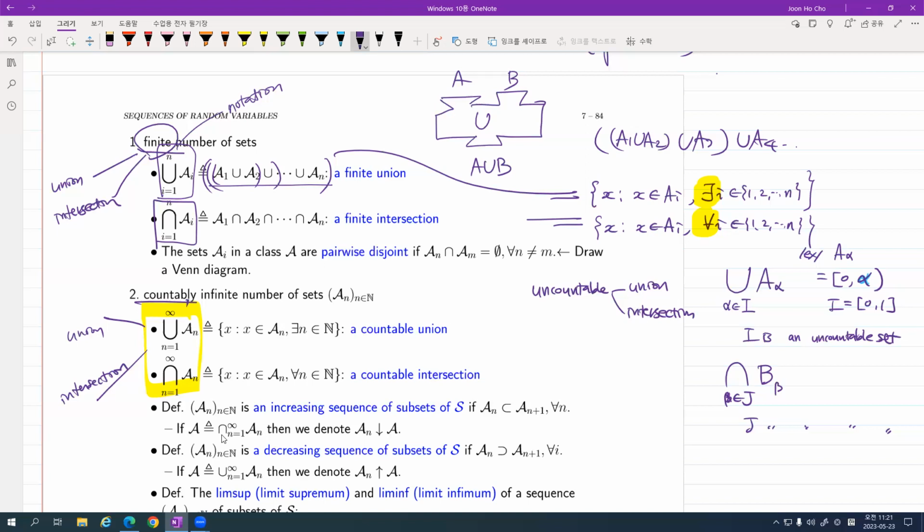Actually, the uncountable union is simply this interval, right? Am I right? Because alpha can be 1, but A sub alpha cannot include 1. That is the precise statement. And similarly, you can define uncountable intersection. Got it? So this is kind of a warm up.